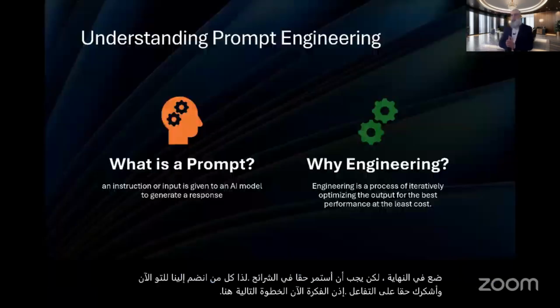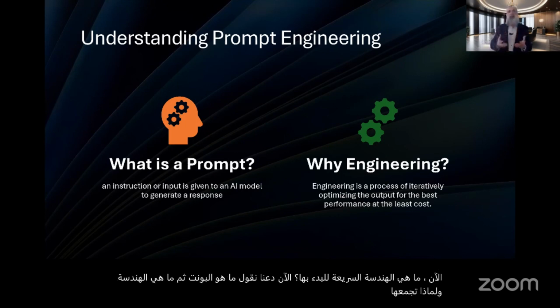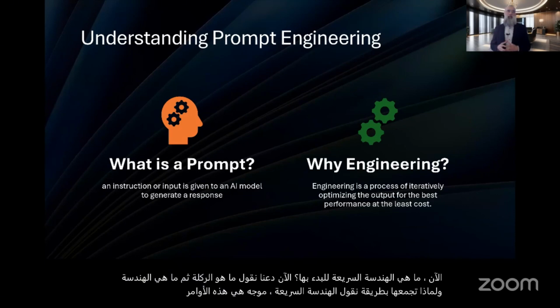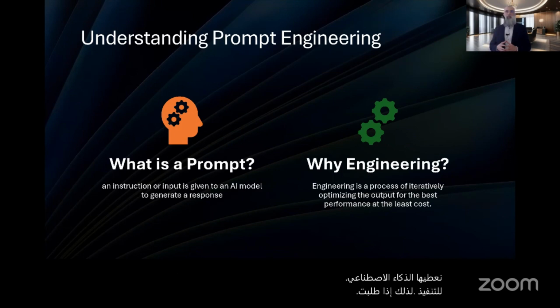Now, what is prompt engineering to start with? Let's say what is a prompt and then what is engineering and why we combine them in such a way that we say prompt engineering. A prompt is the commands that we give the artificial intelligence to execute. So if I prompt an AI, it means I'm giving it commands, instructions to do.